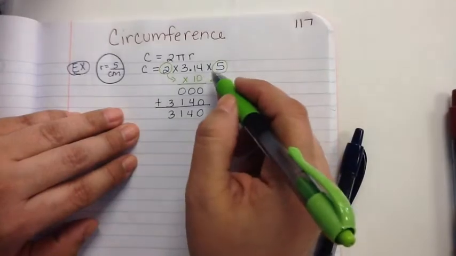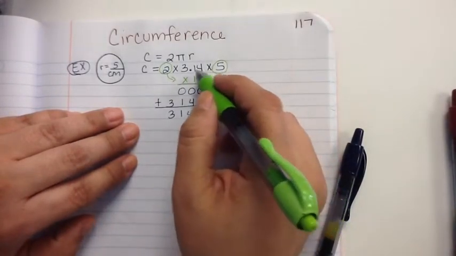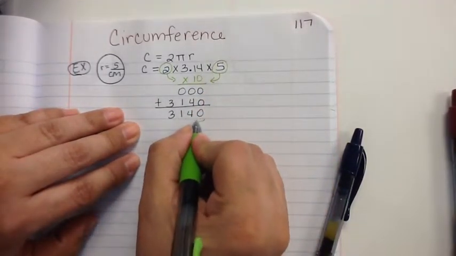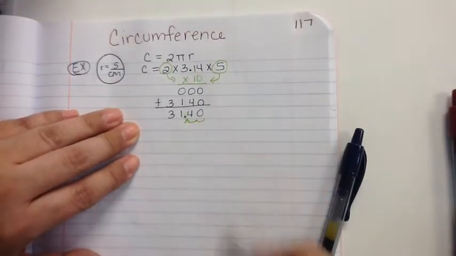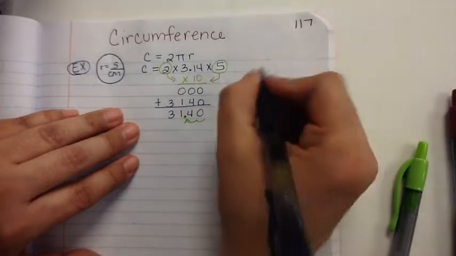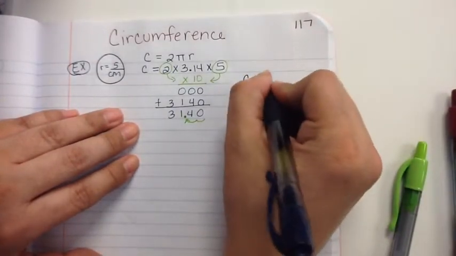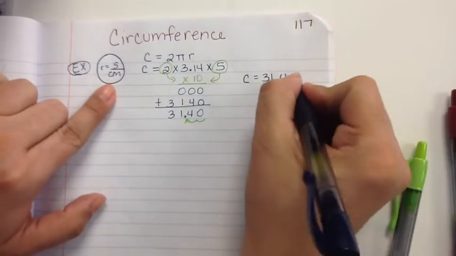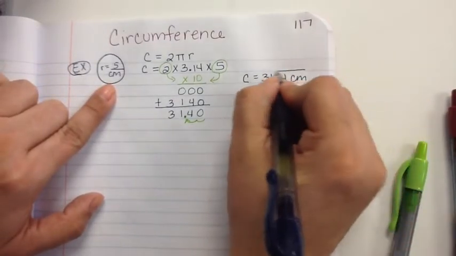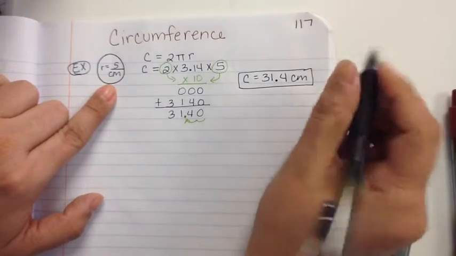How many numbers are behind the decimal? 2. So then I have to have 1, 2. Okay, and that is going to be your answer. Circumference equals 31 and 4/10, and this was in centimeters, so don't forget to put the unit on your answer.